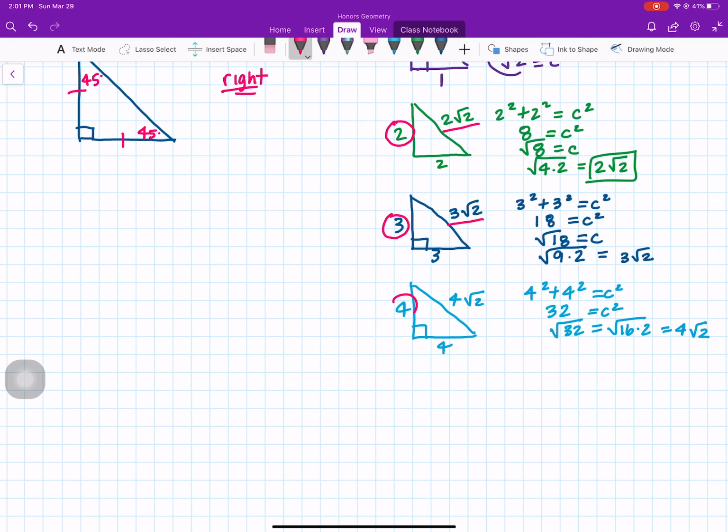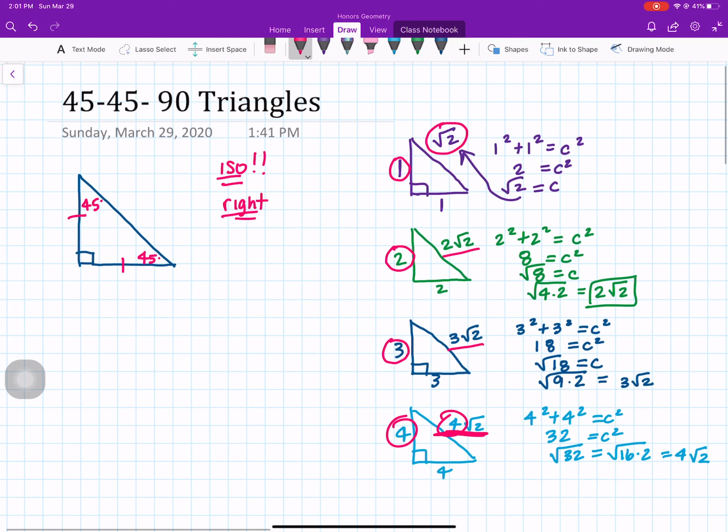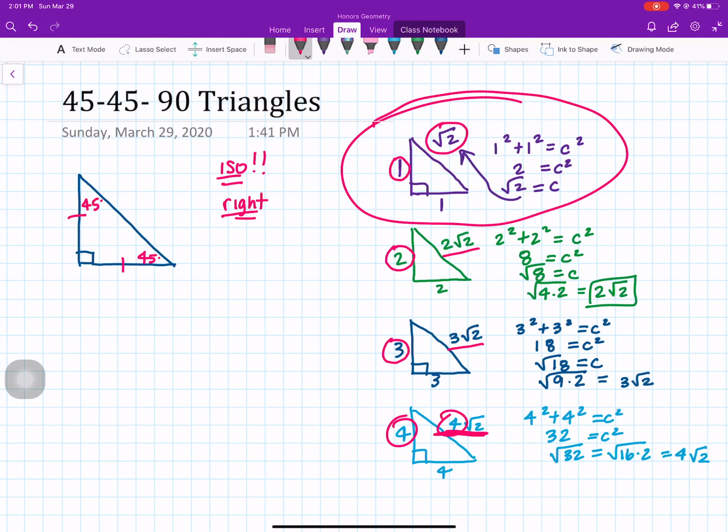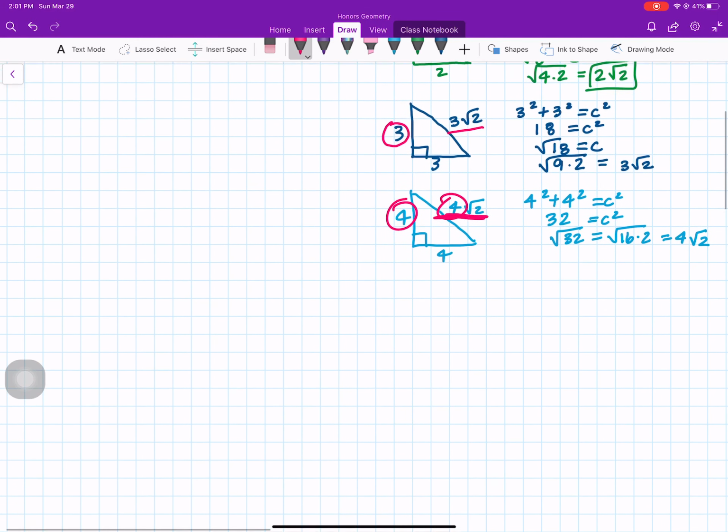Notice 4 and 4, root 2. So that's kind of your relationship. If you always know this one, 1, 1, and root 2, you can basically figure out any triangle you want.